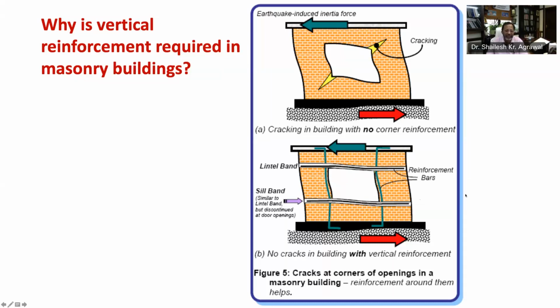Therefore, always remember lintel and sill bands above and below openings along with vertical reinforcement adjacent to vertical edges provide protection against the type of damage I explained in this tip, that is rocking, sliding and diagonal cracking. And also it is a good practice to confine masonry with bands and vertical reinforcement in and around openings. This is all about earthquake tip number 15.